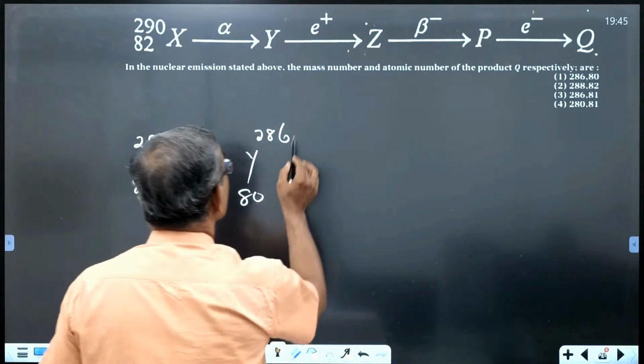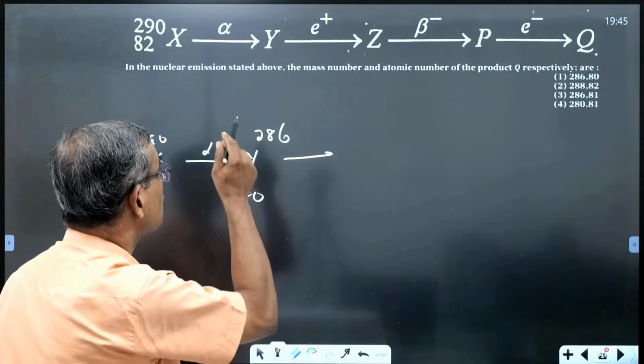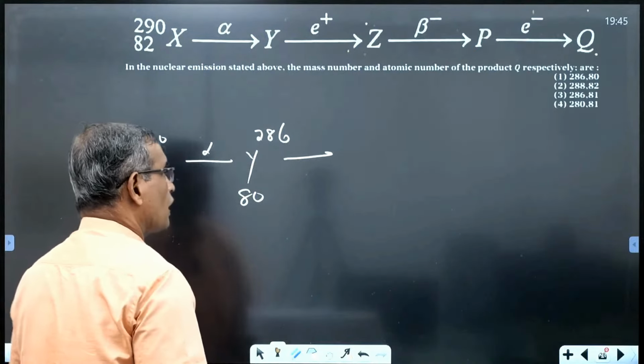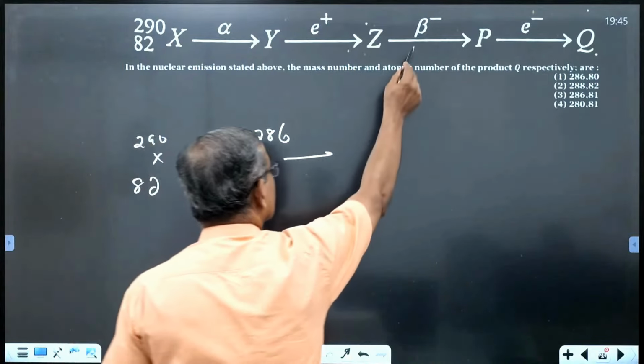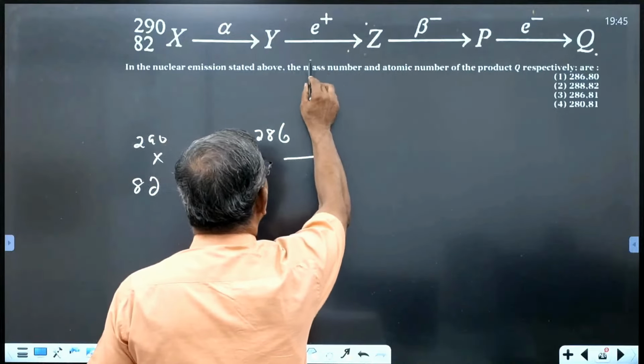Then beta decay, positron emission, e plus, and therefore you can see what happened. Here the mass number remains the same.